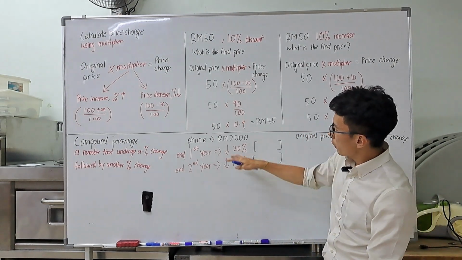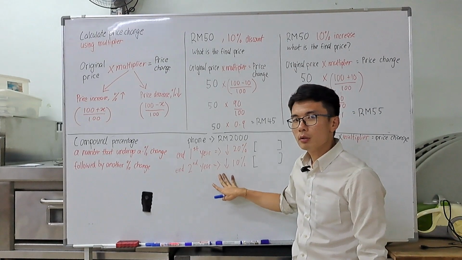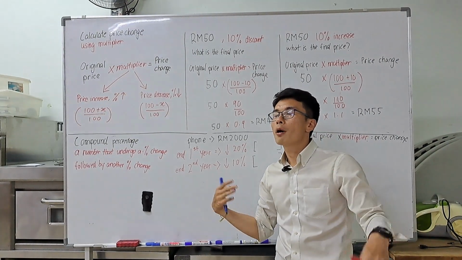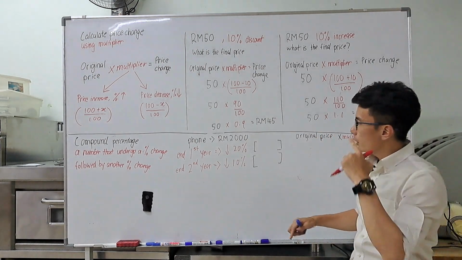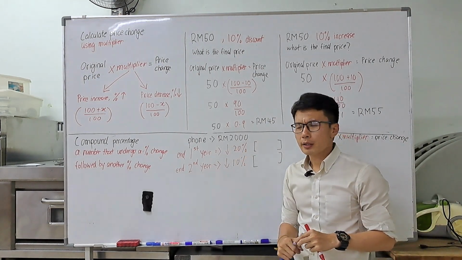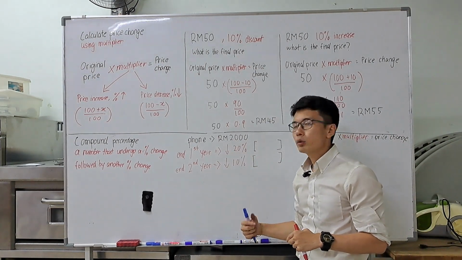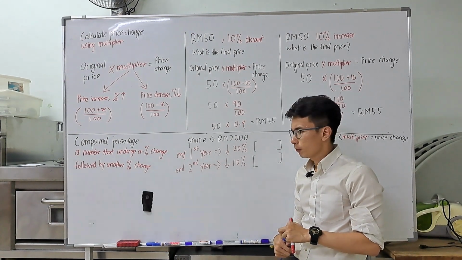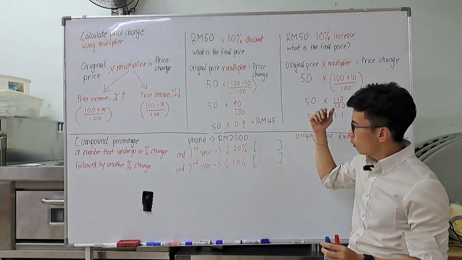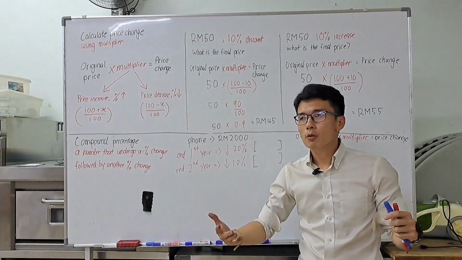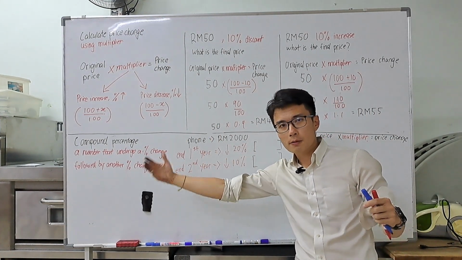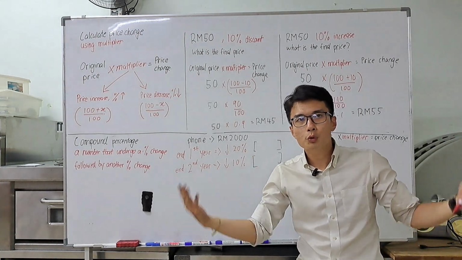Now here, I have a simple example. Let's look at how compound percentage works. Let's just say I have a phone, and that phone costs me 2,000 ringgit. If you have a phone, as years go by, the value of the phone will drop.